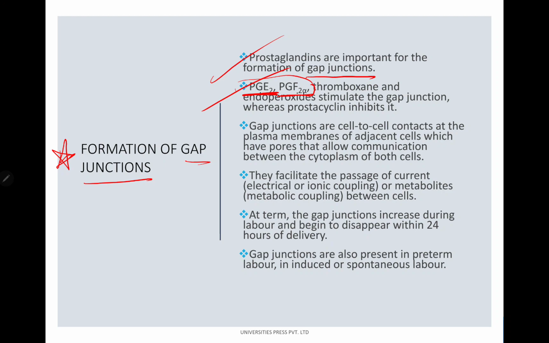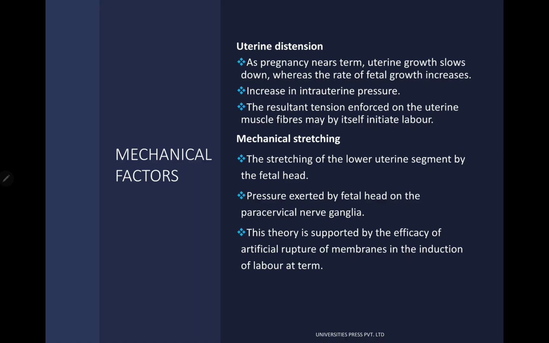Gap junctions are cell to cell contacts at the plasma membranes of adjacent cells, which have pores to allow communication between cytoplasm of both cells. They facilitate the passage of current or metabolites between the cells. At term, the gap junctions increase during labor and begin to disappear within 24 hours. Gap junctions are also present in preterm labor, induced or spontaneous labor.